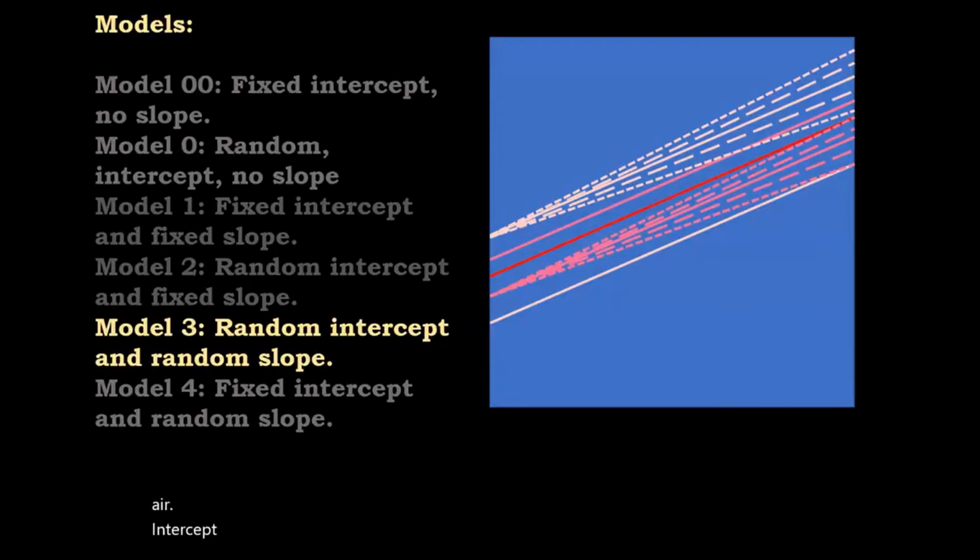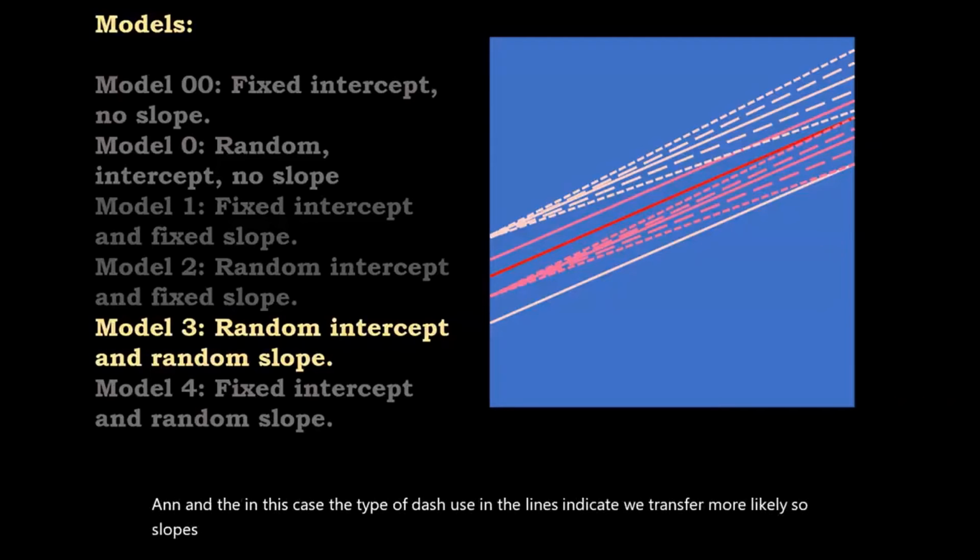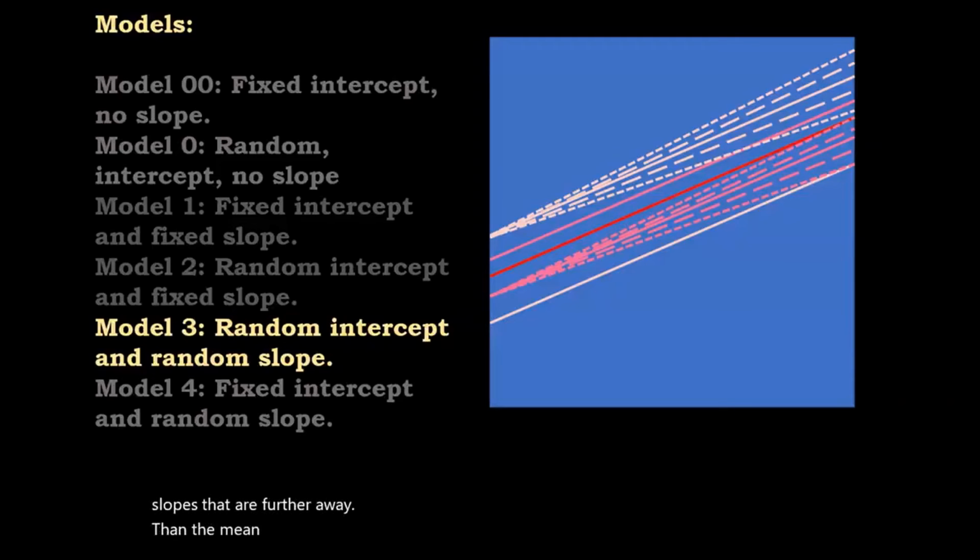And then we've got different slopes. In this case, the type of dash I use in the lines indicates which ones are more likely. Slopes that are further away from the mean are less likely than the ones that are close to the mean.